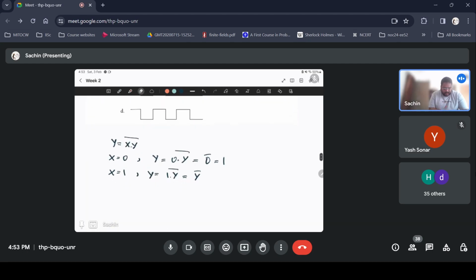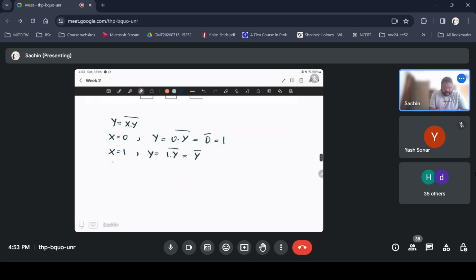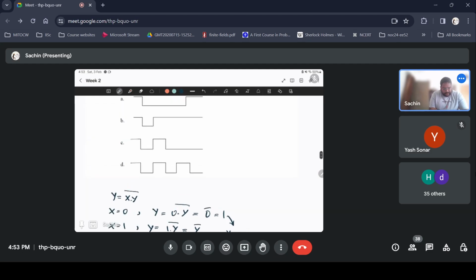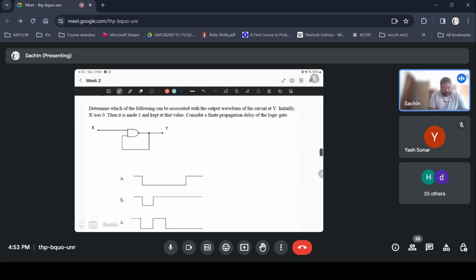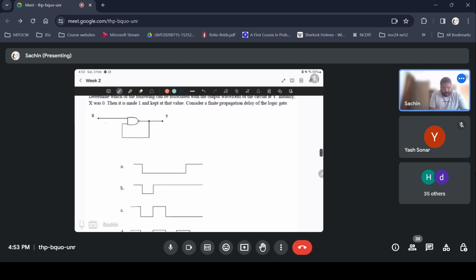So what will happen in this case is that initially this y was 1. Then you changed x to 1. So that will make your output y equal to y bar. So this 1 changes to a 0. This will happen after some delay, and then the input to this circuit will become 0 now. So once that becomes 0, the output should go to 1 again.